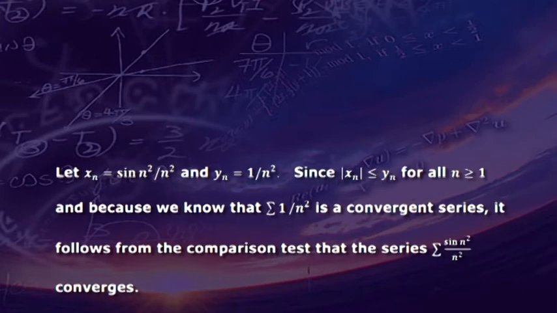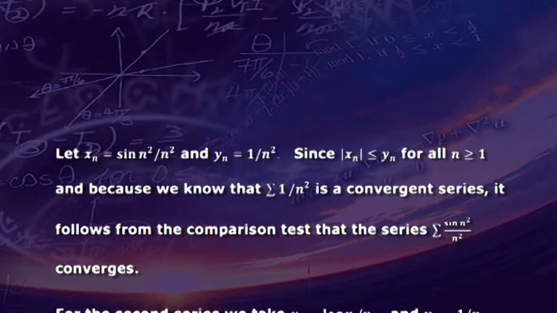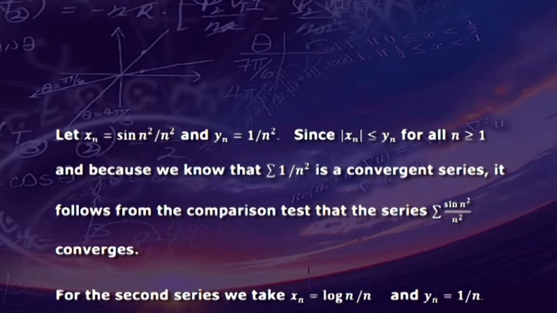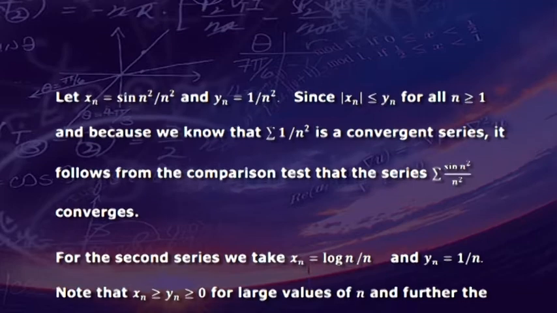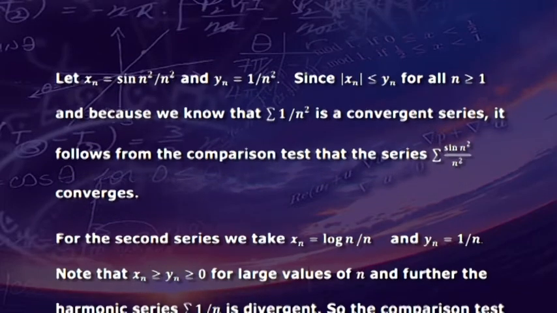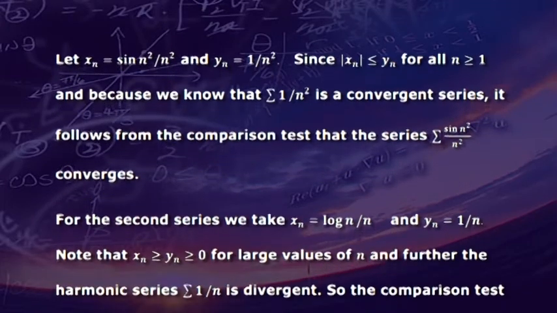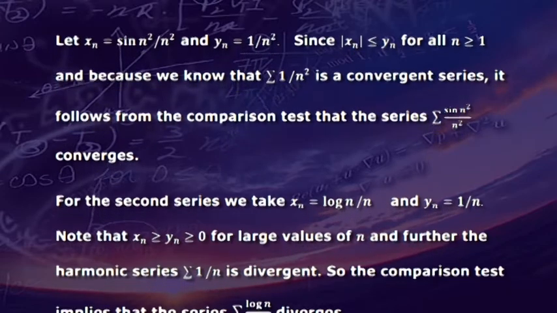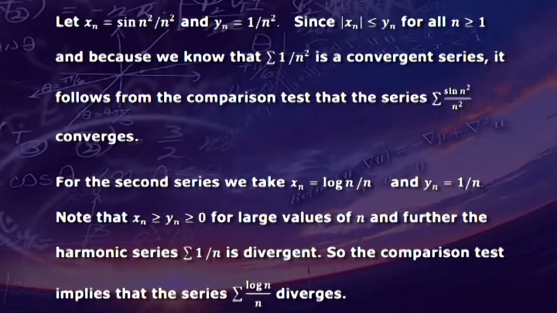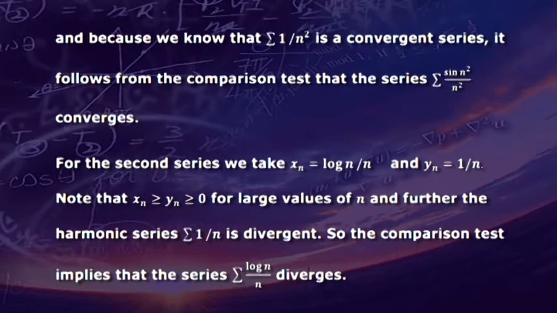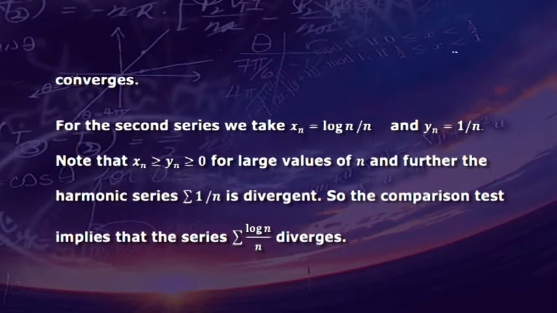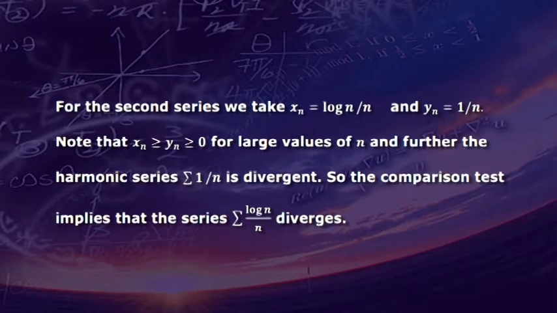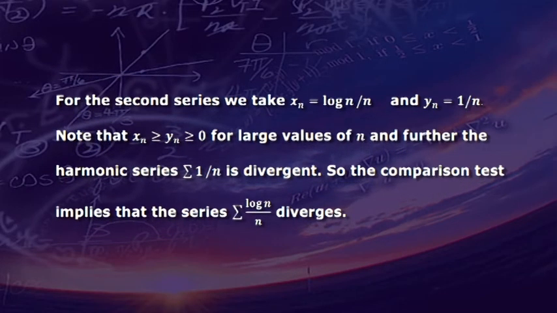Since mod x_n is less than or equal to y_n for all n greater than or equal to 1, and because we know that sigma 1 over n square is a convergent series, it follows from the comparison test that the series sigma sin n square over n square converges. For the second series, we take x_n equal to log n divided by n and y_n equal to 1 divided by n.